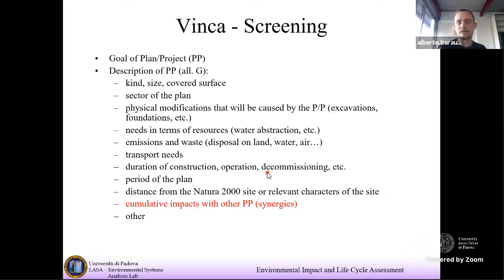Think, for example, of a landfill in the case of a project. Also the duration of the plan, distance from the Natura 2000 site, and you also list cumulative impacts with other plans or projects, which are important. Remember the salami slicing thing I was telling you about.